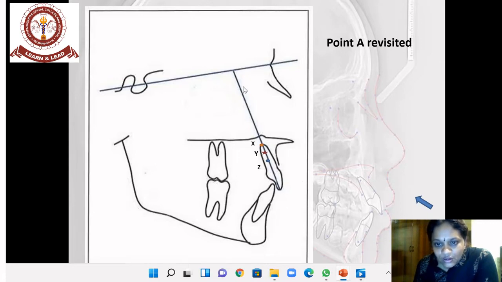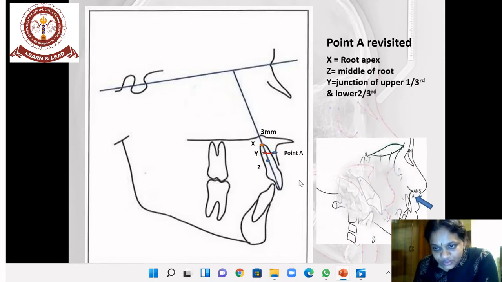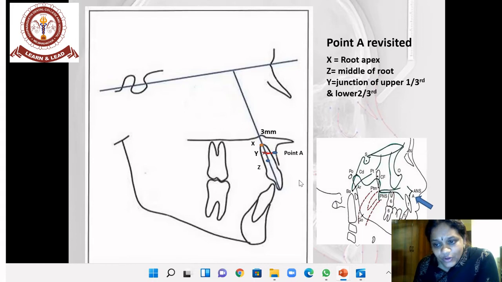You have to draw a long axis along your upper incisor, and you have to mark the root tip of your incisor and the mid two-thirds of the root, the midpoint of that, and correspondingly you have to extend that point here, and this point will be your A point, which is usually 3 mm from the apex of your root. This is how you have to construct point A if the anterior part of the maxilla is very difficult to identify.